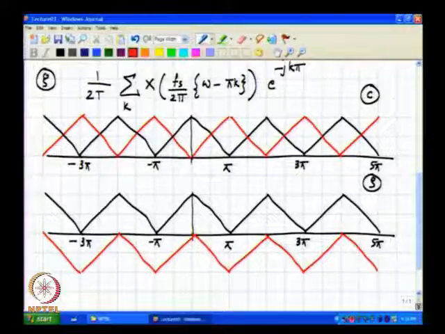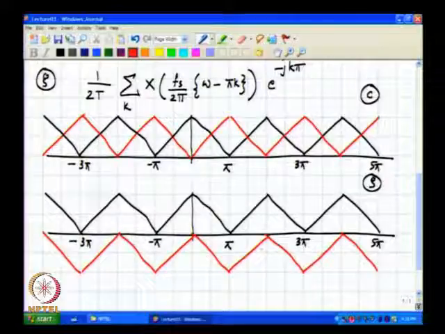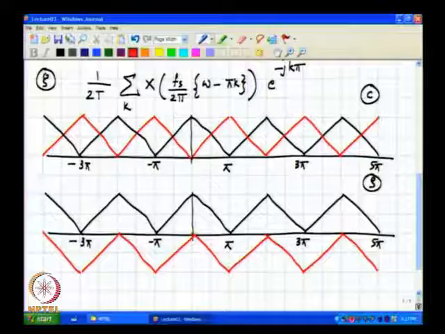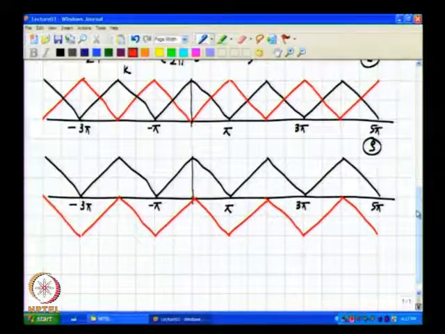Does it make sense? Here also we note that there is aliasing, correct, because the sum of the spectra is the black guy plus the red guys. So, there is aliasing in both channels.